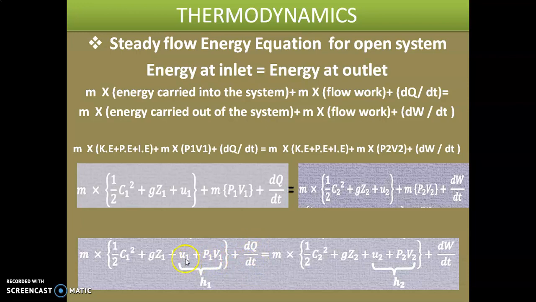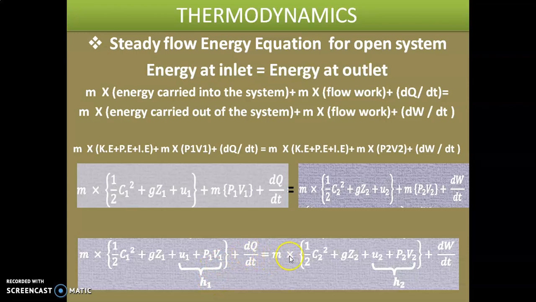So here u1 plus p1 v1 is nothing but enthalpy. What is the enthalpy definition? It is the sum of internal energy and product of pressure and volume. We get the enthalpy, specific enthalpy. U1 plus P1 V1 is nothing but specific enthalpy, denoted by h1.